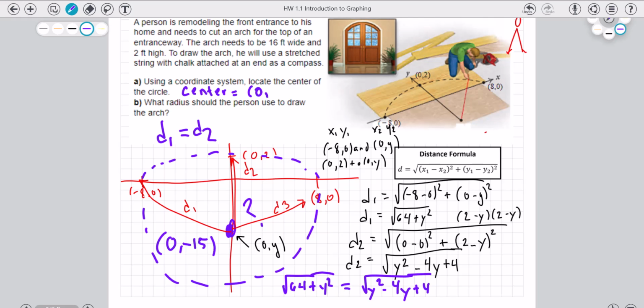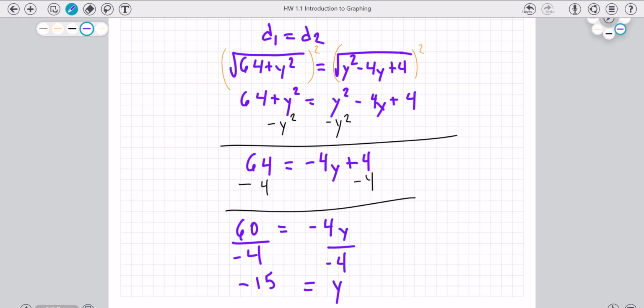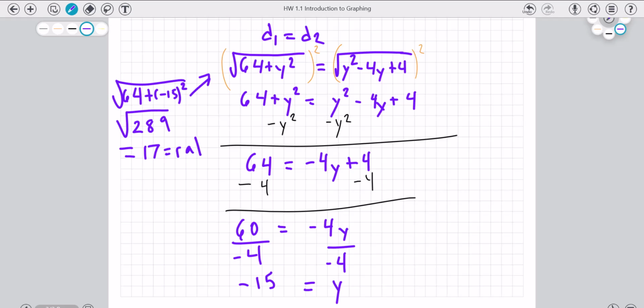So that would be my center, (0, -15). All right, now it asks what should the radius be? Well, remember both of these are radiuses, so you could use either one of them and just simply plug in 64 plus (-15) squared. And if you throw all that in a calculator, you get the square root of 289, which equals 17, which would be the radius.